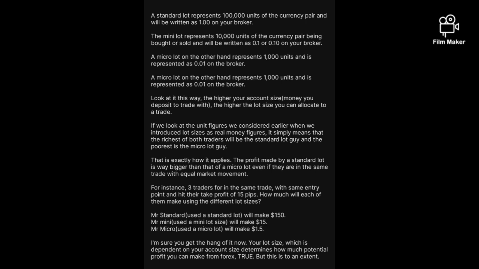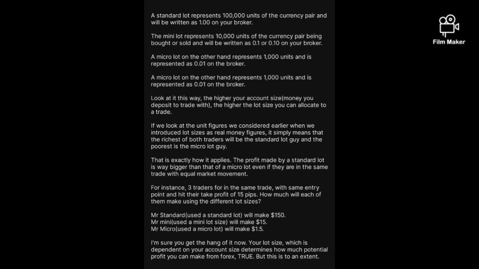This is explaining how it's applied. The profit made by a standard lot is way bigger than that of micro lots, even if they are in the same trade with equal market movement.